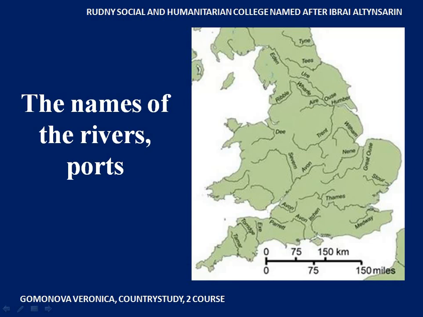What are the names of the rivers and ports? The names of the rivers are the Thames, the Mersey, the Tyne, and the ports are namely in London, Liverpool, and Newcastle.